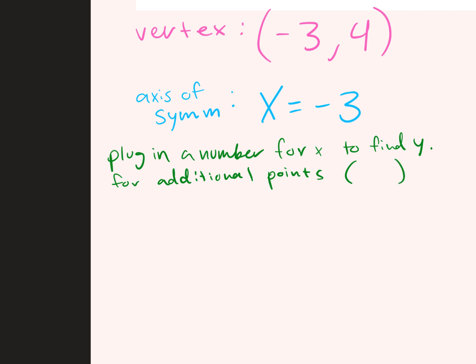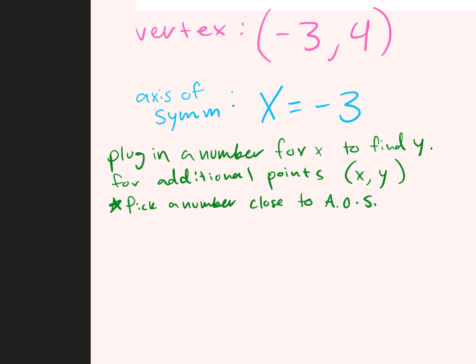So that number is going to be x comma y. That'll be a point on our graph. And a helpful hint is to pick a number close to the axis of symmetry. I'm going to call it AOS for short, axis of symmetry.